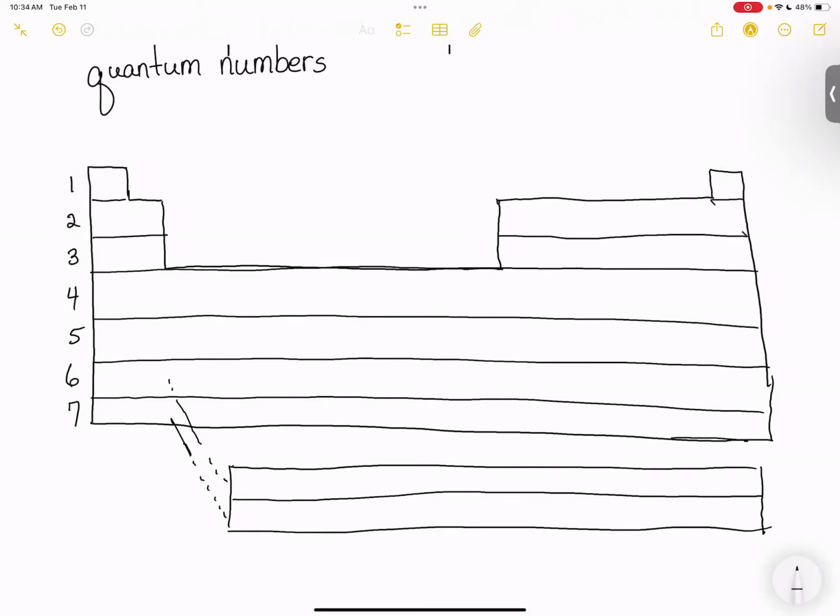So, subshells. Here, L equals 0, and it is the S subshell. Now, helium is an S, but the rest of it is a P. So over here, L equals 1, and it is a P subshell.